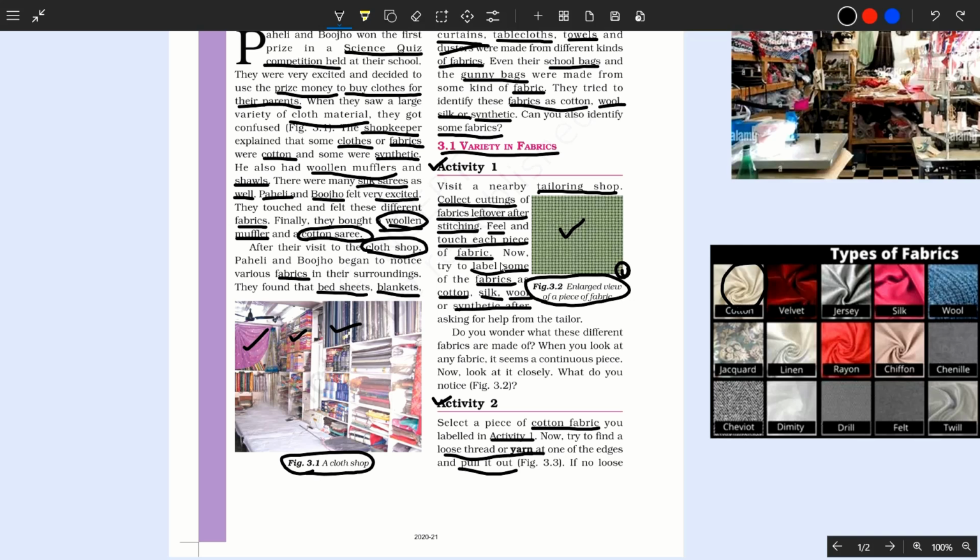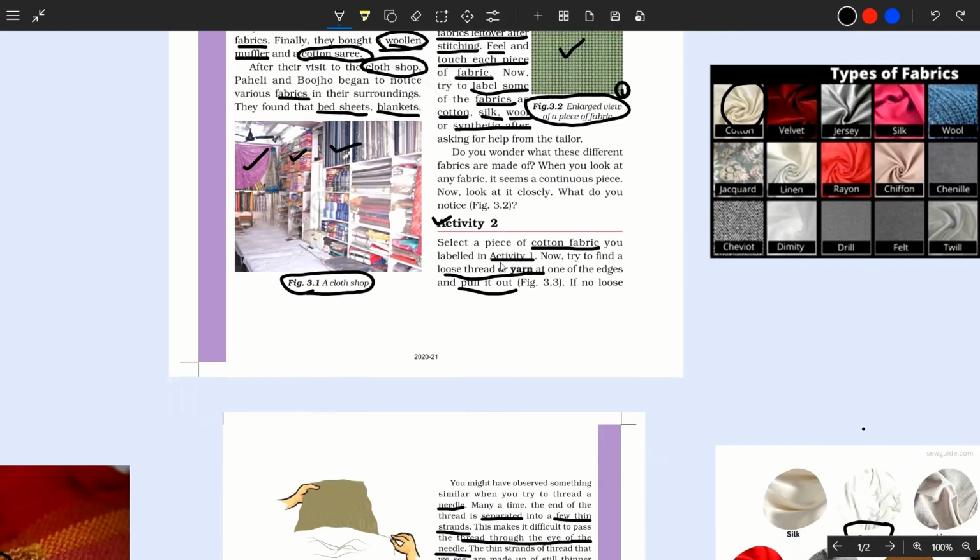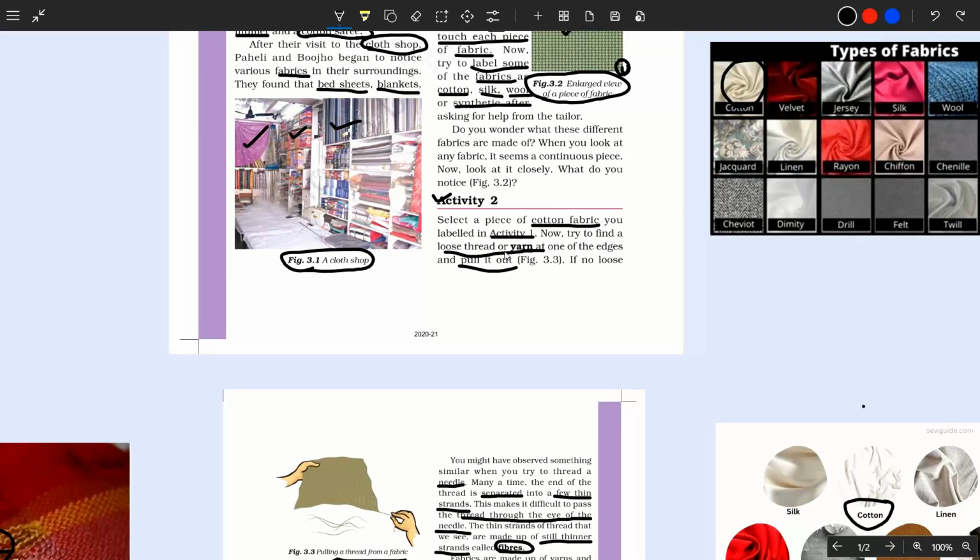Then they picked one cotton cloth from those collected from the tailor and did the activity. By observing it closely, they saw lines in the cloth.